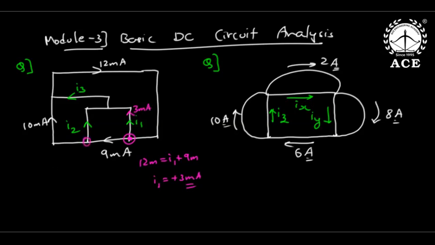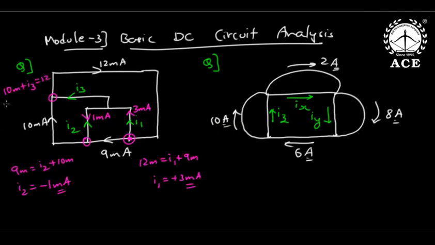Now if you apply KCL here, incoming 9 milli is equal to outgoing I2 plus 10 milli. So I2 is minus 1 milliampere. Minus 1 confirms that the actual current is going opposite to the reference. Similarly, applying KCL here, incoming 10 milli plus I3 is equal to outgoing 12.